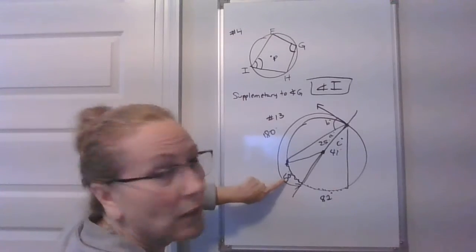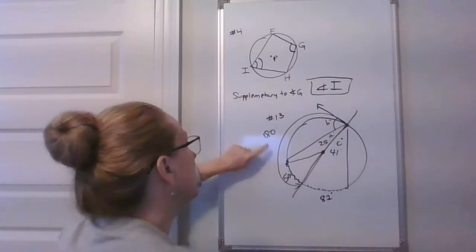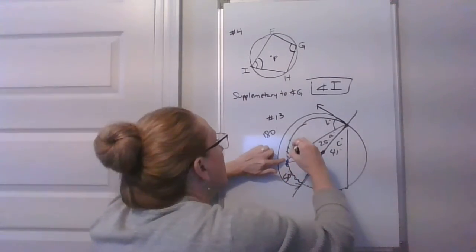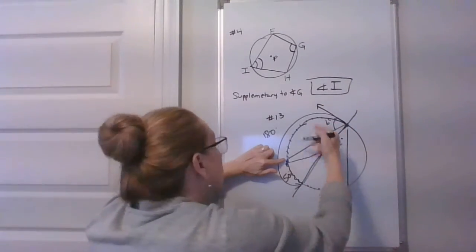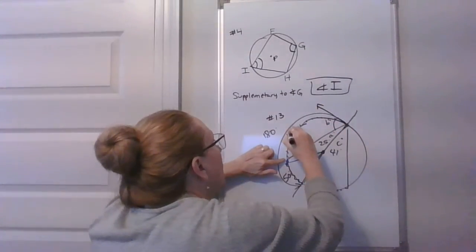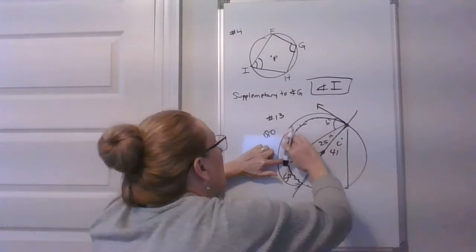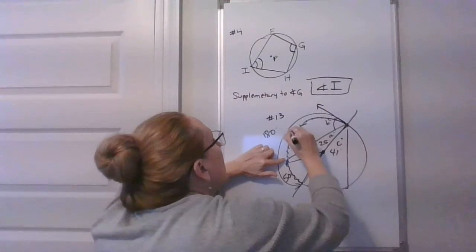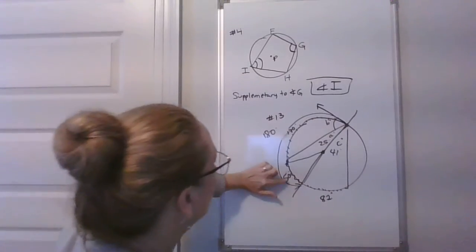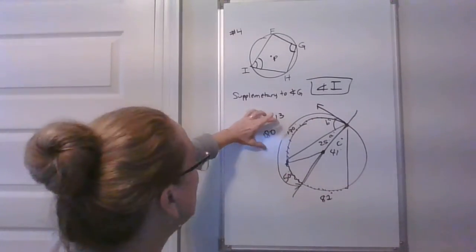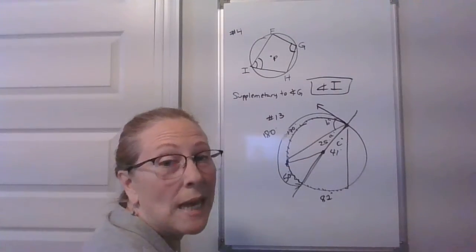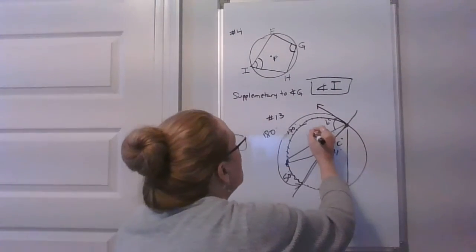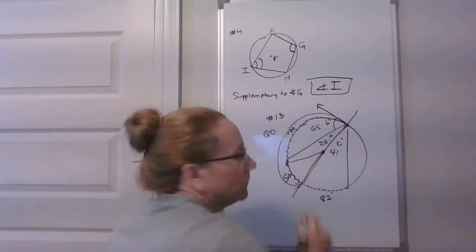So if we subtract the 50 from 180, that means that this arc, which is the arc of B degrees, would be 130, because the 50 degrees and now the 130 add up to 180 going all the way around. So B would be half as much, 65 degrees.